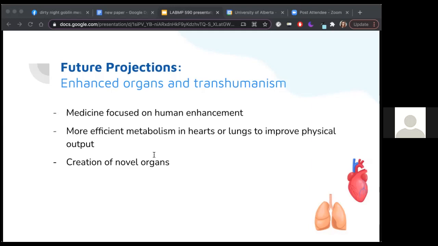This can not only prevent later diseases from developing, but it can also increase the efficiency of the organ, for example. So enhanced hearts or lungs could have more efficient metabolisms or refined oxygen consumption to improve a human's physical output. We could have the ability to become faster, stronger, and healthier than ever before.